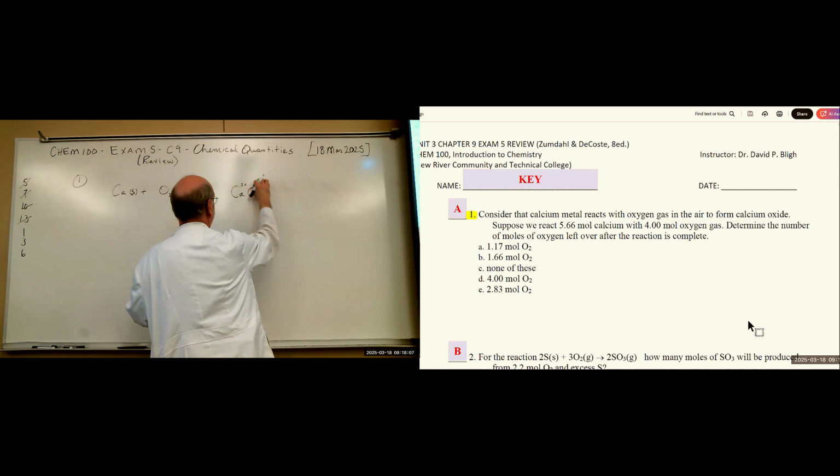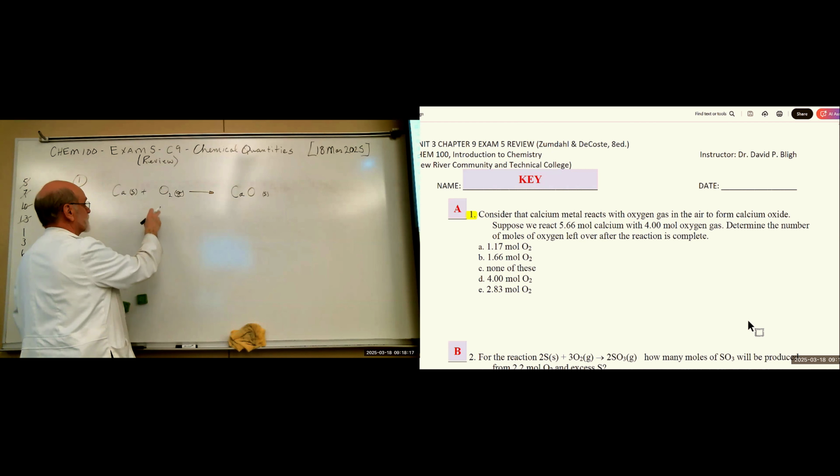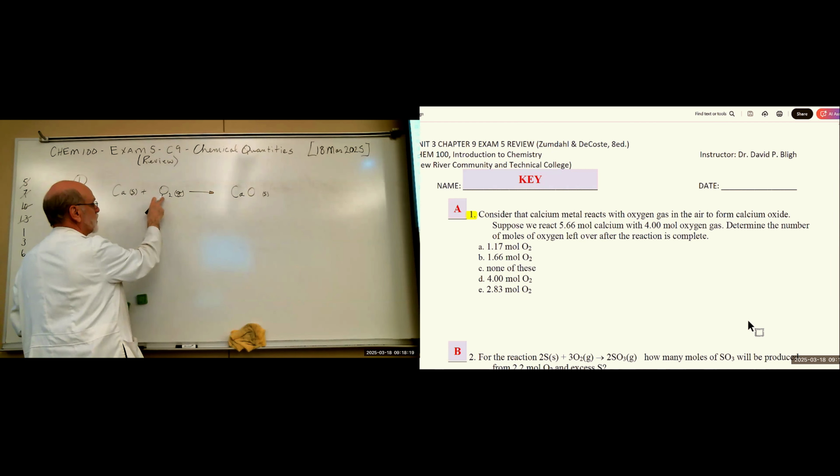All right. So we've written our elements and compounds correctly. Now we have to balance it. Well, you can set up your budget, but I'm going to say that we need 2 oxygens. This is a synthesis reaction. Out of 2 elements, we form a compound. It's very easy to balance these equations. 2 oxygens, now we need 2 calcium, and we're balanced.